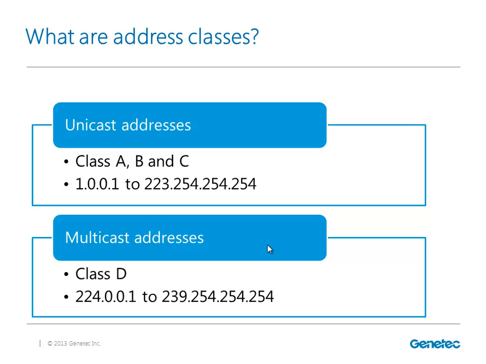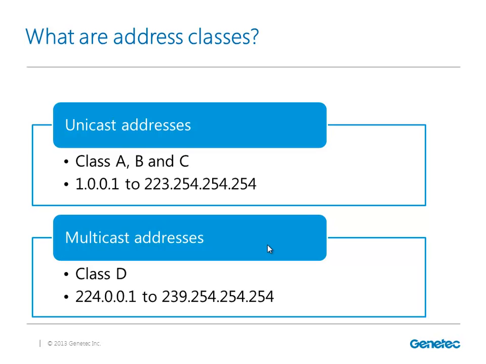What's important for us to remember is that Unicast IP addresses can fall into Class A, Class B, or Class C. They're encompassed by the range 1.0.0.1 all the way up to 223.254.254.254 and everything in between. These are addresses that are assigned to workstations, servers, IP cameras, door controllers, or any other device with a network card.